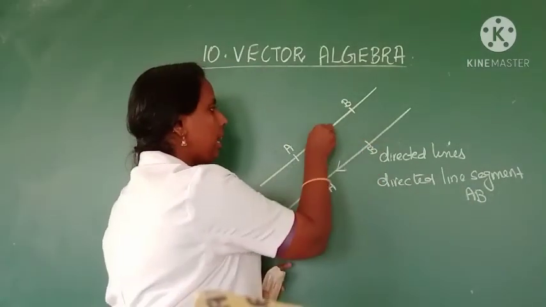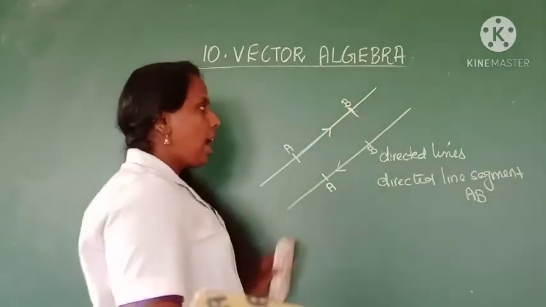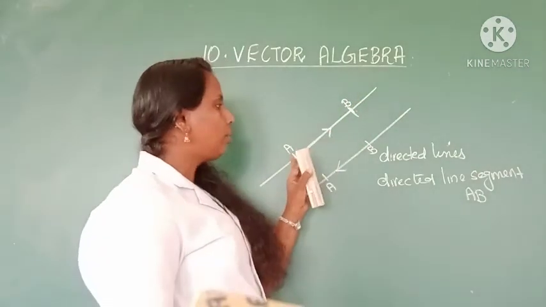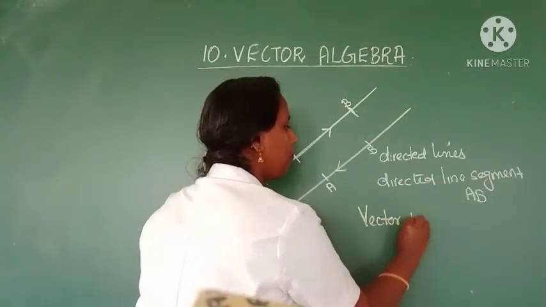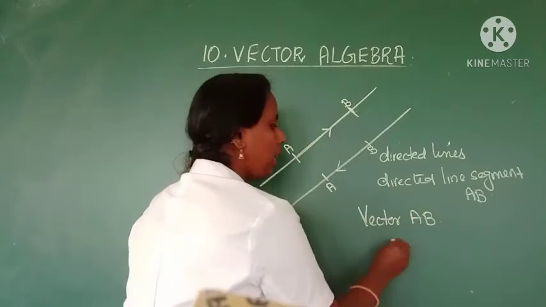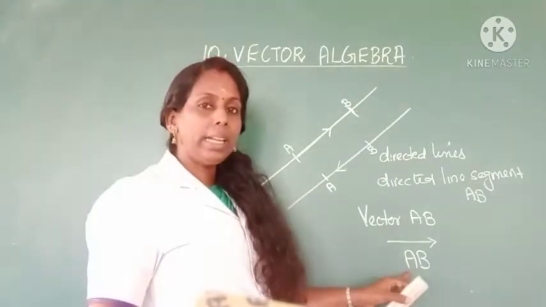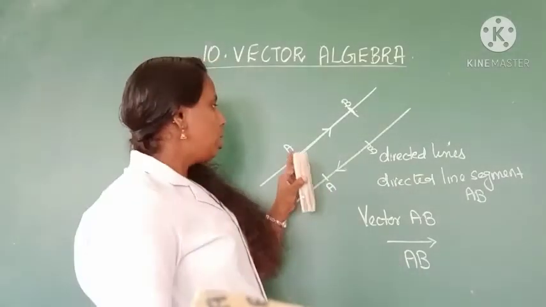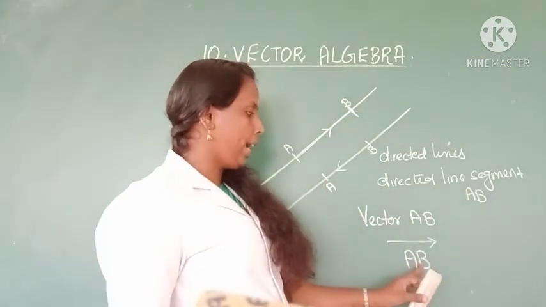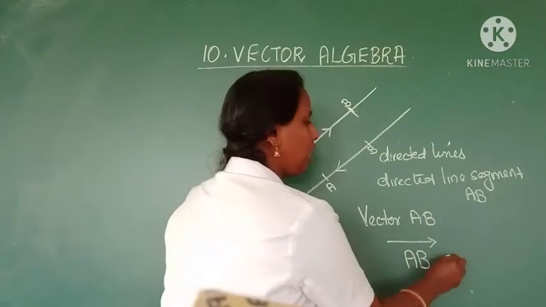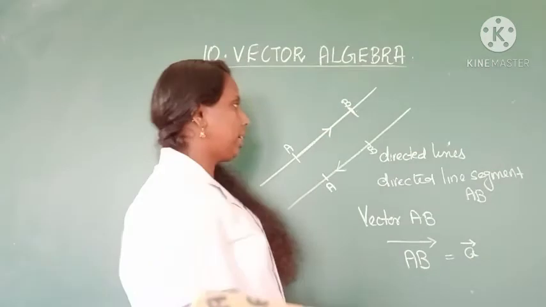This directed line segment has a magnitude, that is a length, and a direction, and therefore it is called vector AB, read as vector AB. Starting from A and ending at B, that is the meaning of vector AB. This vector AB is also denoted as vector a.